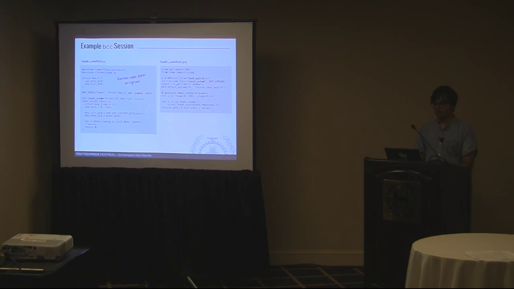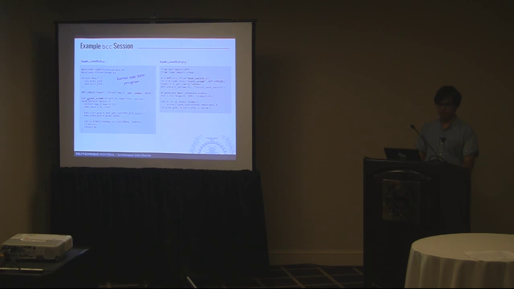This is the BPF filter, which is the kernel part of the BPF, and this is the user space part. Here, for example, we have to define the BPF map. We just do a BPF table which defines a hash table, and then we name it and tell it what kind of structure this hash table is going to have.